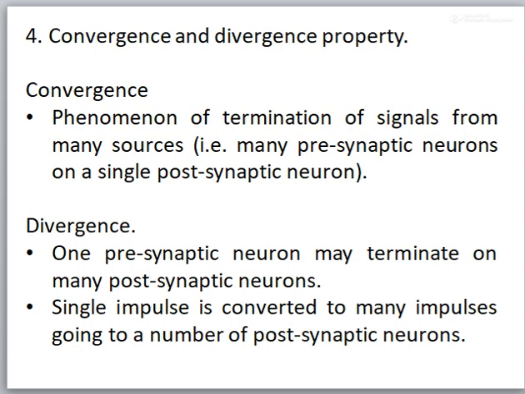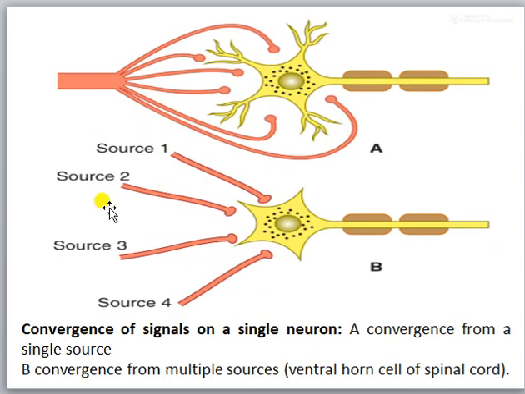This is the diagram that shows the convergence. It means many presynaptic neurons converge on a single postsynaptic neuron. In this there is convergence from a single source. In this there is convergence from multiple sources.